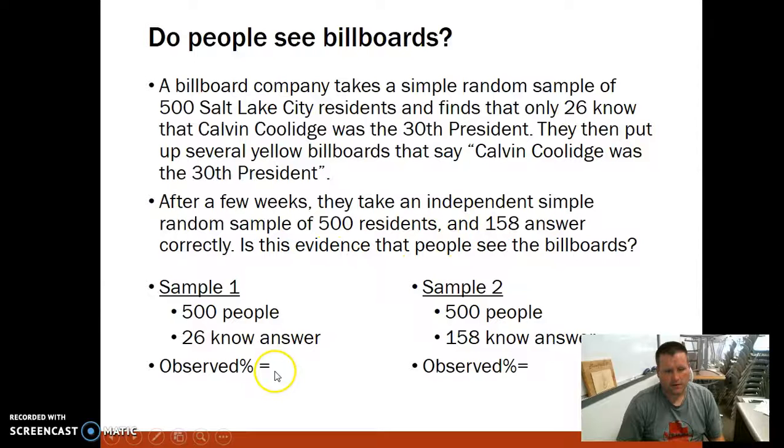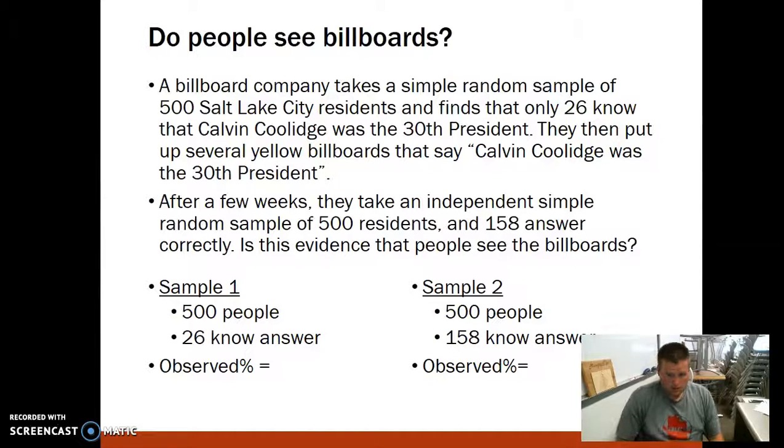So we want to know if this is evidence. We've got sample 1 and sample 2. Again, the process is going to be very similar. We're going to want to write our hypothesis, then find our test statistic, and then find our p-value, and then make a conclusion based on that p-value.